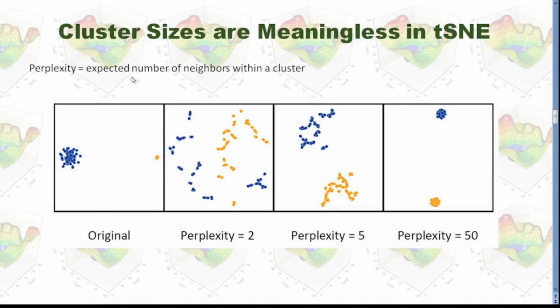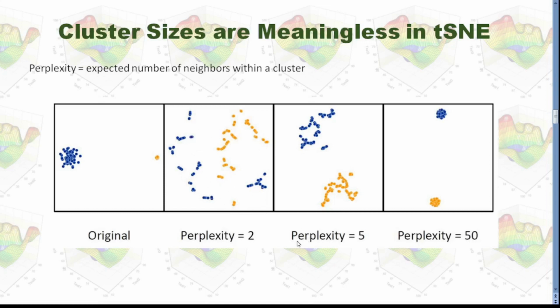In t-SNE, cluster sizes are meaningless. Let's take a look at these original data points. We have this larger cluster and this smaller cluster. If we choose perplexity equal to 2, you can see we don't get correct clusters.